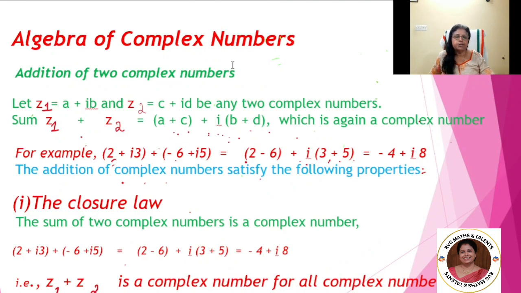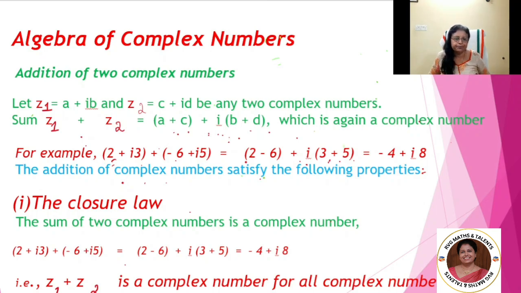Then next comes the subheading algebra of complex numbers. First one is addition. Let us see how we can add two complex numbers. Let Z1 equal to a plus ib and Z2 equal to c plus id, two complex numbers. Then the sum Z1 plus Z2 is equal to a plus c plus i into b plus d.